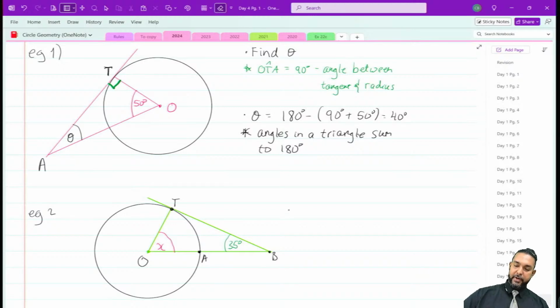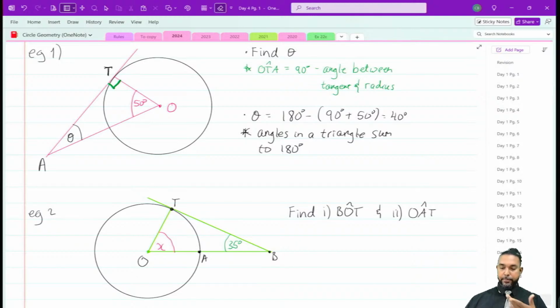And we have two things to find. So we have to find angle BOT and OAT. All right, so BOT is clearly angle X.